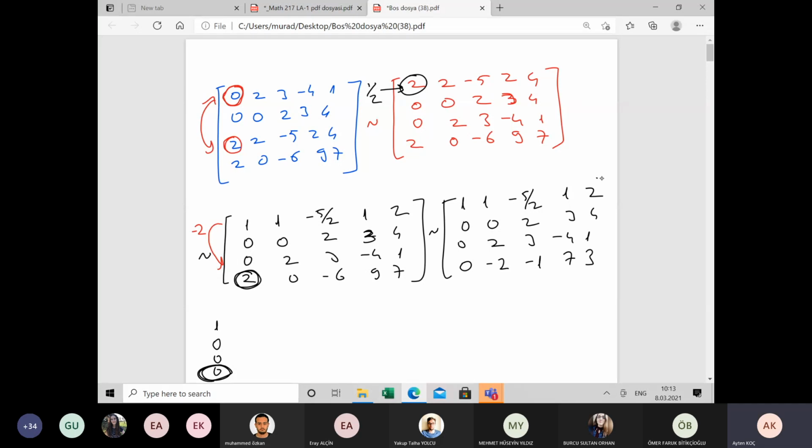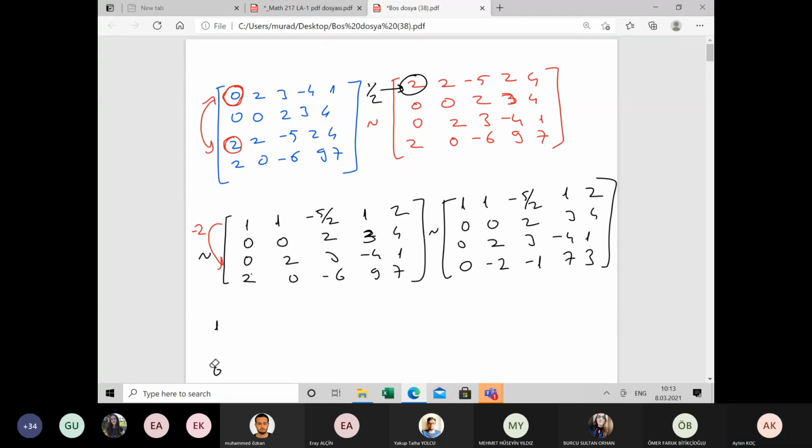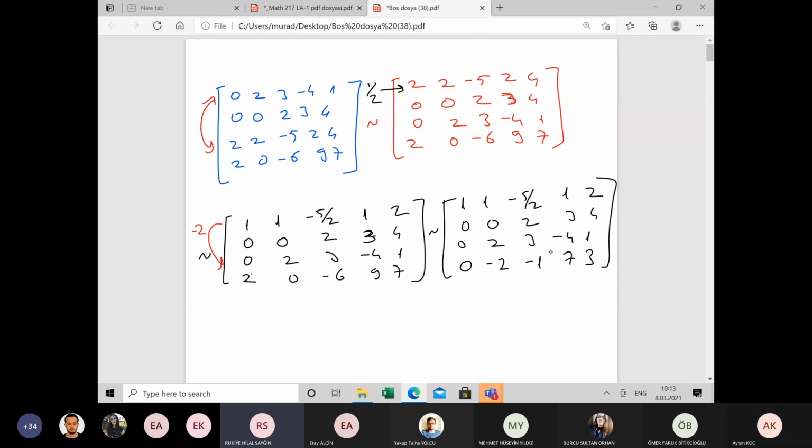This one. What's the next operation? Yes, please. The one value on the second row, second entry. To make one on the second row, second column, this one should be one.